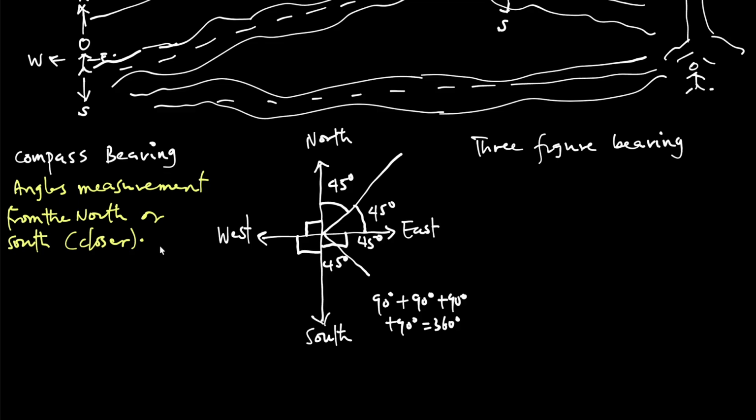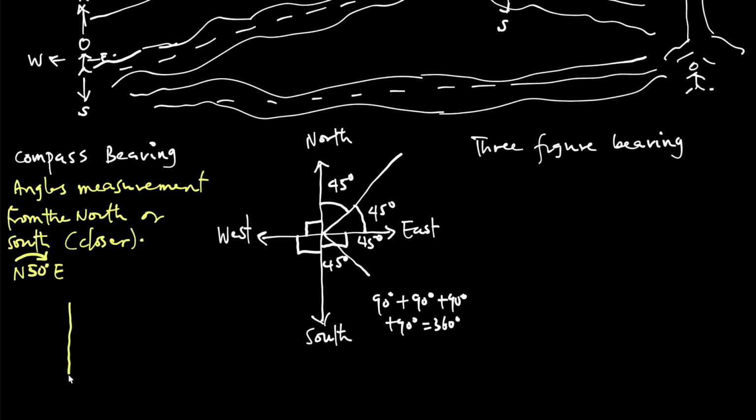Which means if you are moving north 50 degrees to the east, it means you are moving from the north in the direction of the east, but you've just moved 50 degrees.